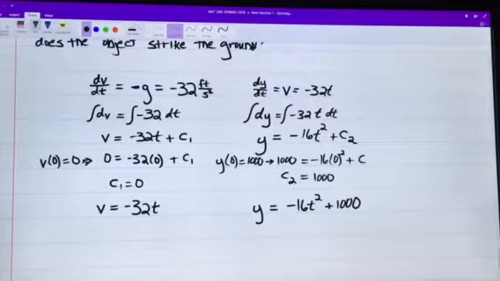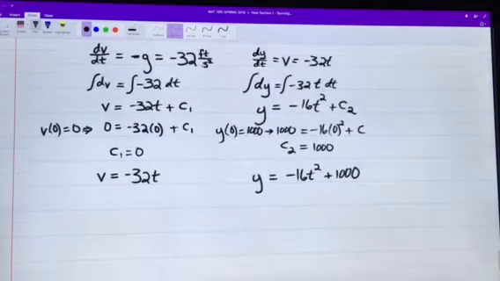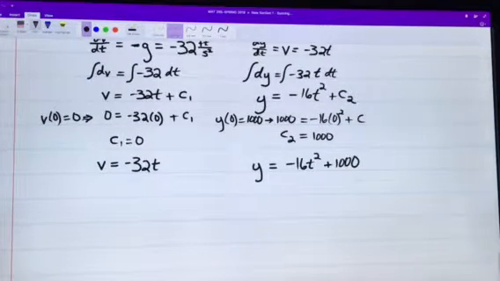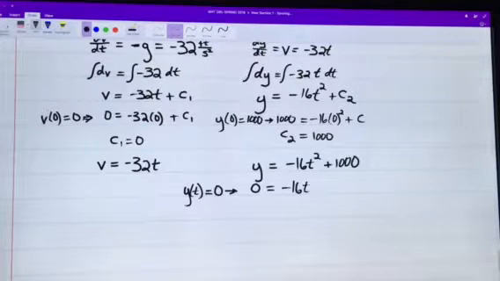Now, in terms of how long it's going to take for the object to strike the ground, we have y of t equal to 0, since ground level is 0. So 0 is equal to negative 16t squared plus 1,000. Itemizing, 16t squared is equal to 1,000.